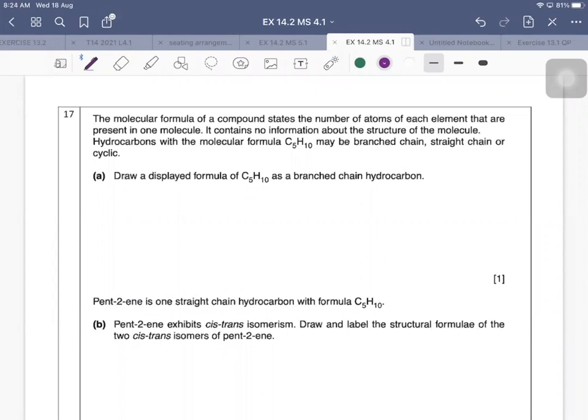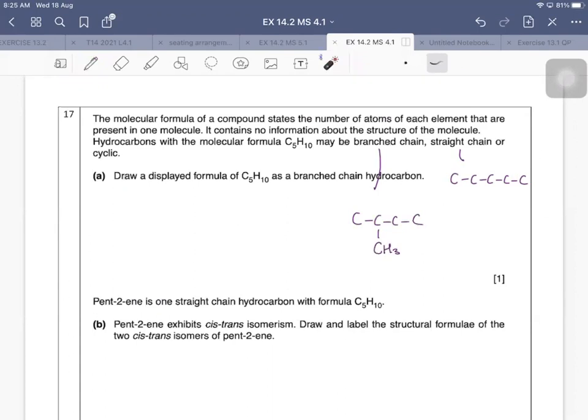Okay, so straight chain means all your carbon 5 are arranged in a line along the principal chain. Okay, branch chain means your principal chain changes. What do I mean by this?